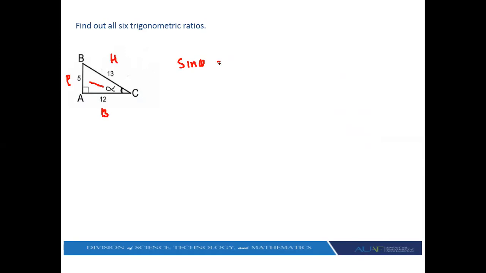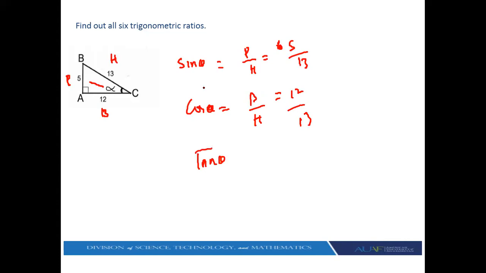Sine theta is perpendicular divided by hypotenuse, which is 5 divided by 13. Cosine theta is base divided by hypotenuse, which is 12 divided by 13. Tangent theta is perpendicular divided by base, where perpendicular is 5 and base is 12. Same way, you can find secant, cosecant and cotangent. Now try.